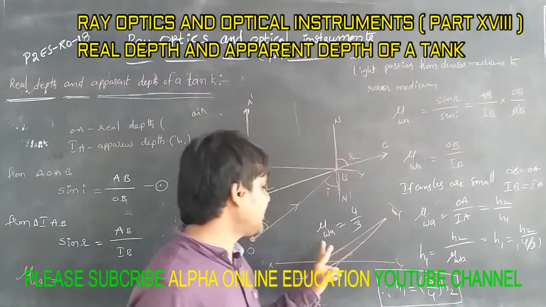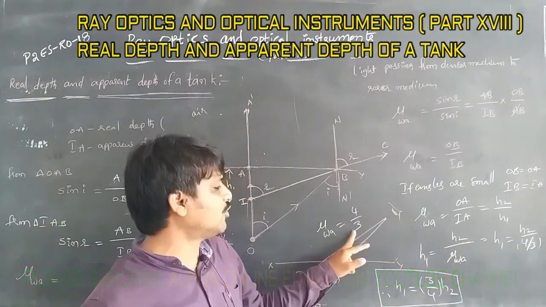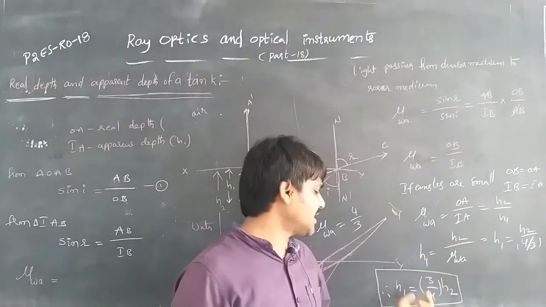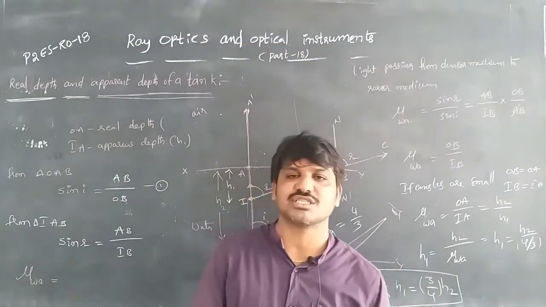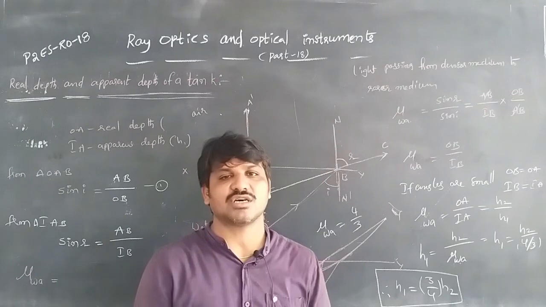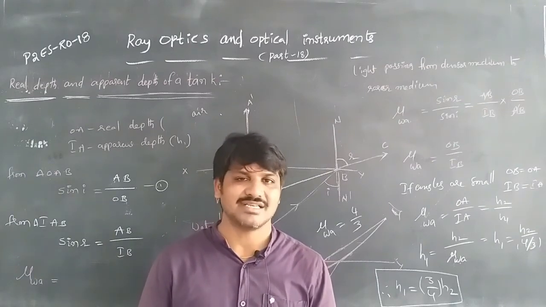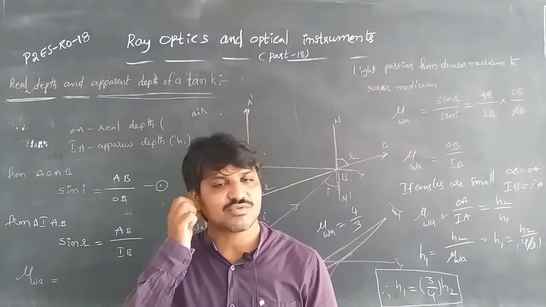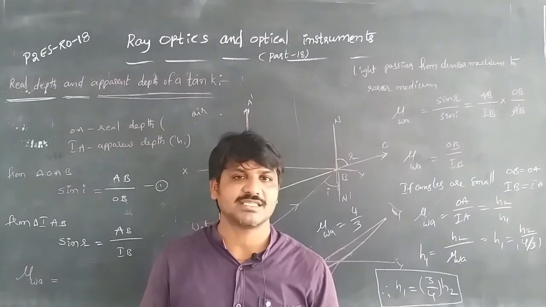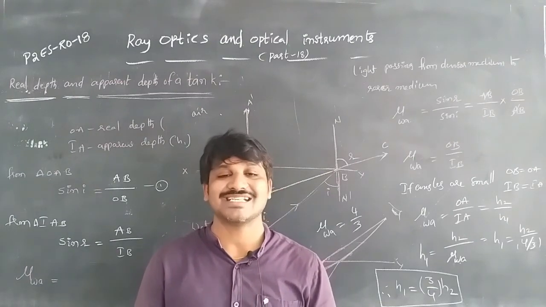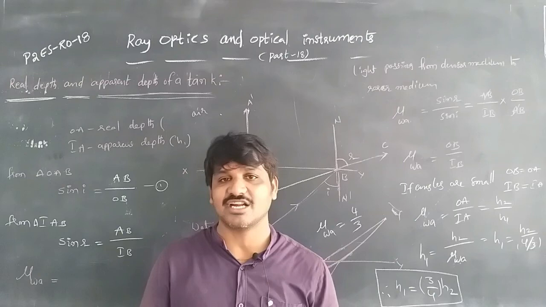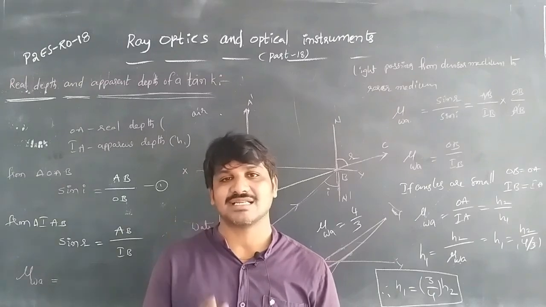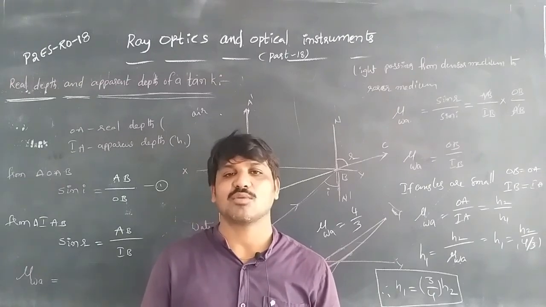We know that the refractive index of water with respect to air is 4 by 3, so the apparent depth is 3/4 of the actual real depth, strictly valid for normal incidence.